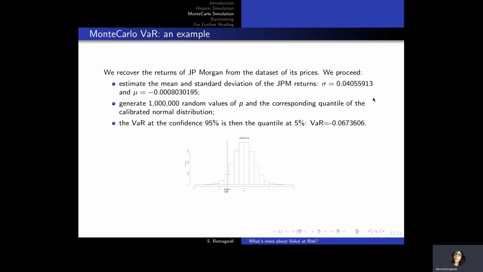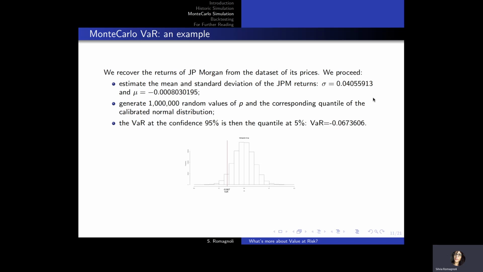We consider the following empirical example based on the returns of JP Morgan from the data set of its prices. We proceed assuming that the normal distribution is coherent with the data set and estimate the mean and the standard deviation of the JP Morgan returns, which turn out to be sigma equal to 0.04055913 and a mean equal to minus 0.0008030195.